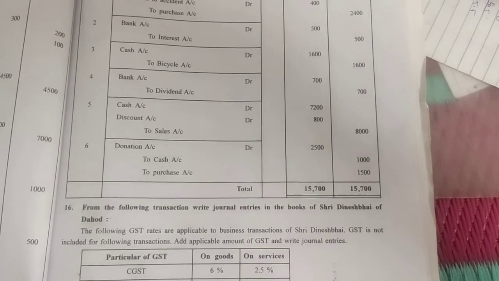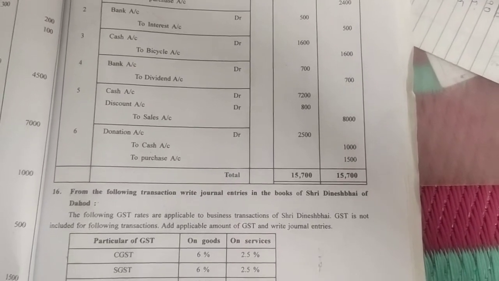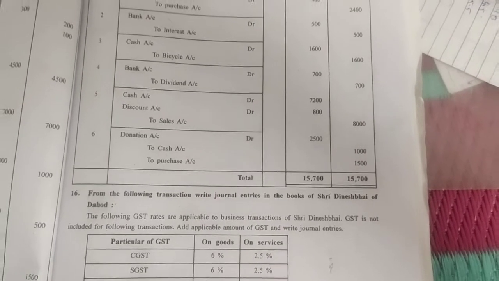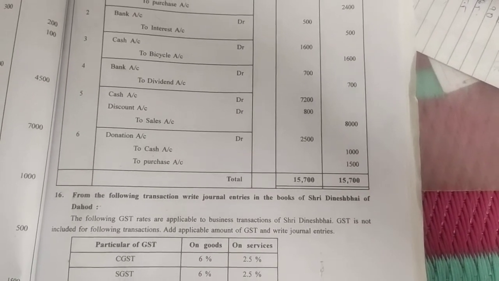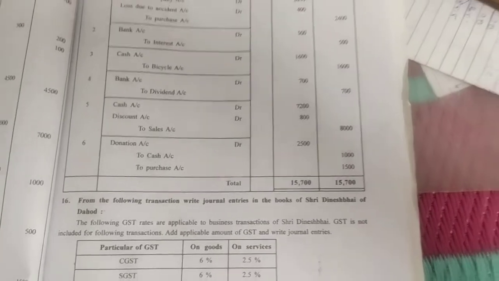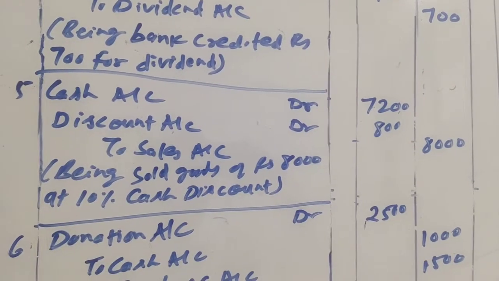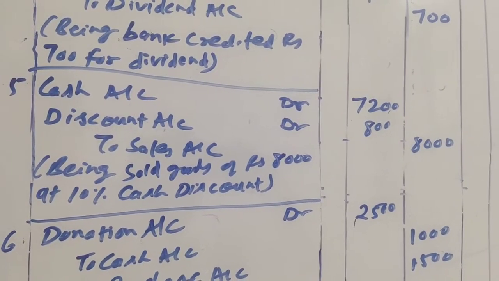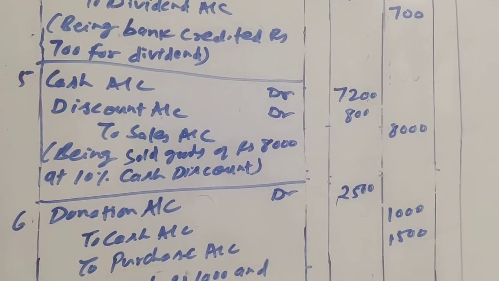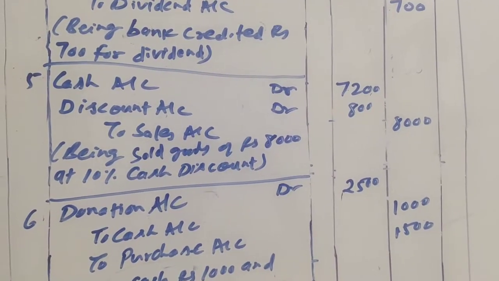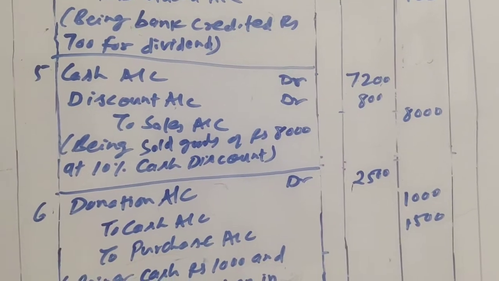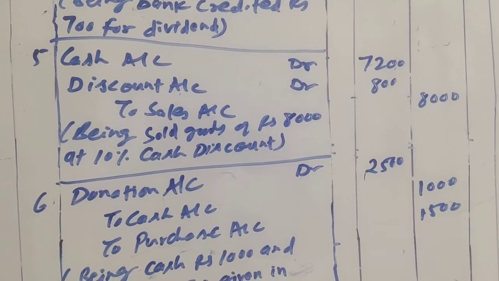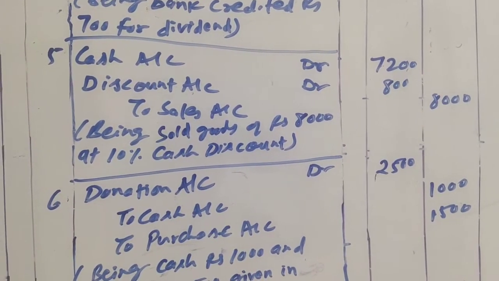So this transaction suggests sold goods of rupees 8000 at 10% cash discount. Here the entry is cash account debit 7200, discount account debit 800 to sales account 8000, being sold goods of rupees 8000 at 10% cash discount.